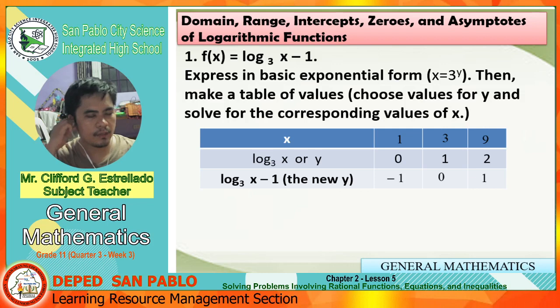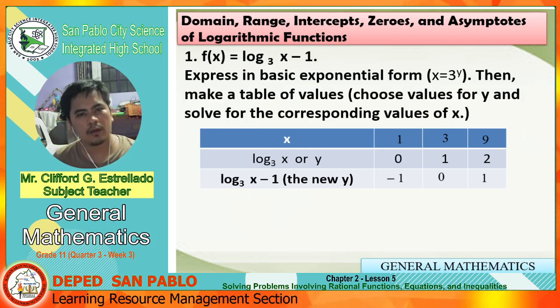Vertical yan, di ba? So, vertical shifting, magmumove ang ating mga points, yung ating graph, ng 1 unit. Since siya ay vertical shifting, 1 unit downward ang i-move niyan.